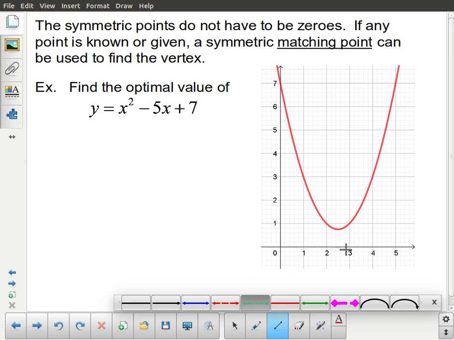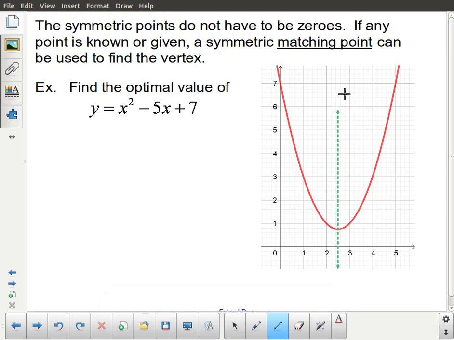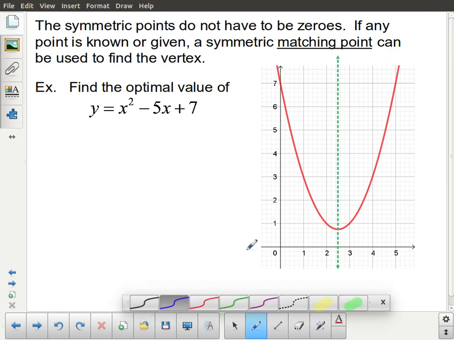This graph still has symmetry. It's not super easy to see here, but I'll draw a line where the middle looks like. This graph still has symmetry, and we can make use of that by finding what's known as a matching point to any other point that we know.